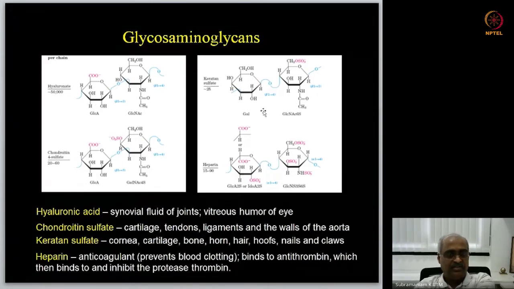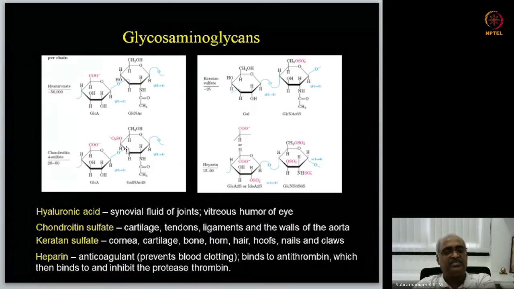Instead, it usually has galactose attached to N-acetyl glucosamine, where the sixth carbon has a sulfuric acid attached. So it's an ester between an alcohol hydroxyl group and the mineral acid sulfuric acid. So you have strong negative charge. These strong negative charges repel, and as a result these molecules remain in an elongated, extended structure instead of being coiled.